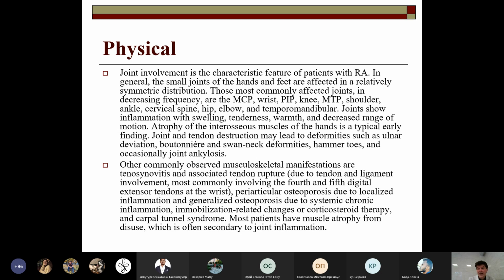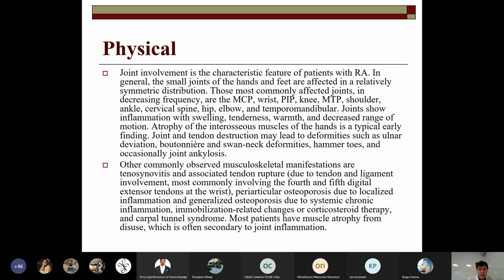This questionnaire has a symmetrical pattern, and all of these joints can be thoroughly examined, and both swelling and tenderness must be evaluated by a physician.